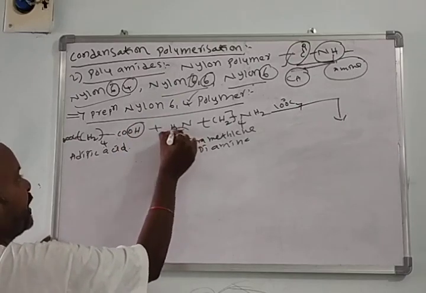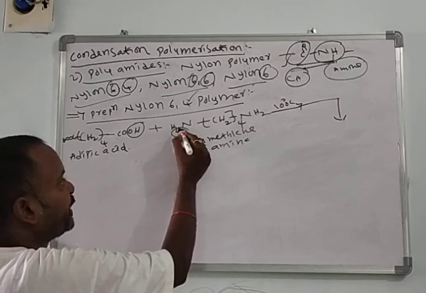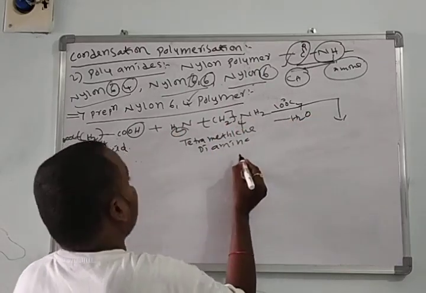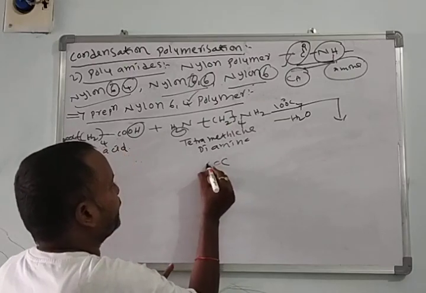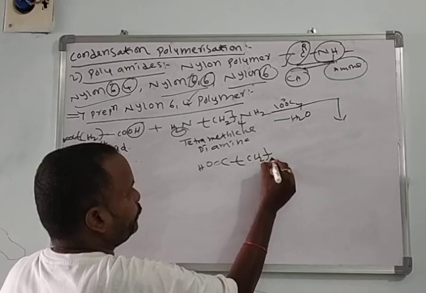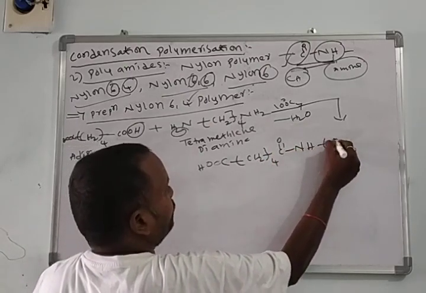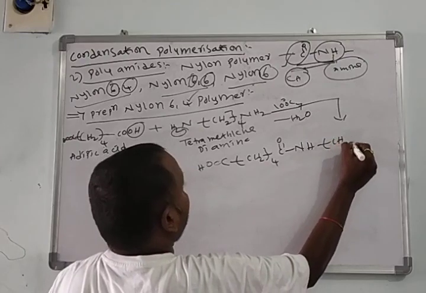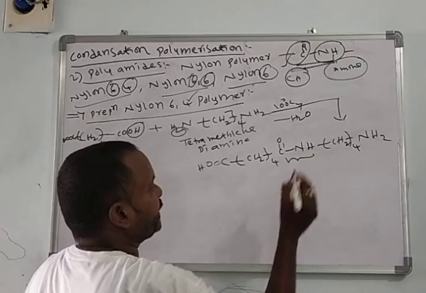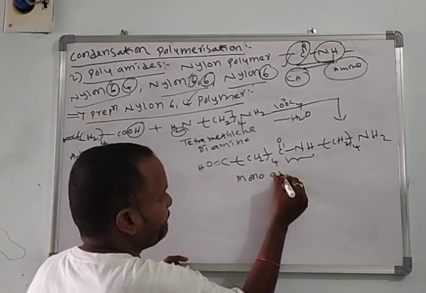OH from the COOH functional group and H from the NH2 functional group lose a water molecule and form what? Monoamide: COOH, CH2 4 times, C double bond O, NH, CH2 4 times, NH2. It contains only one amide functional group, so we call it monoamide.